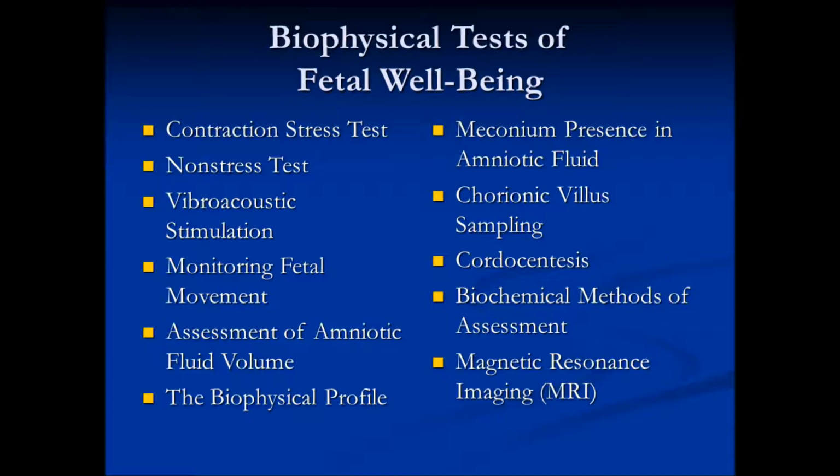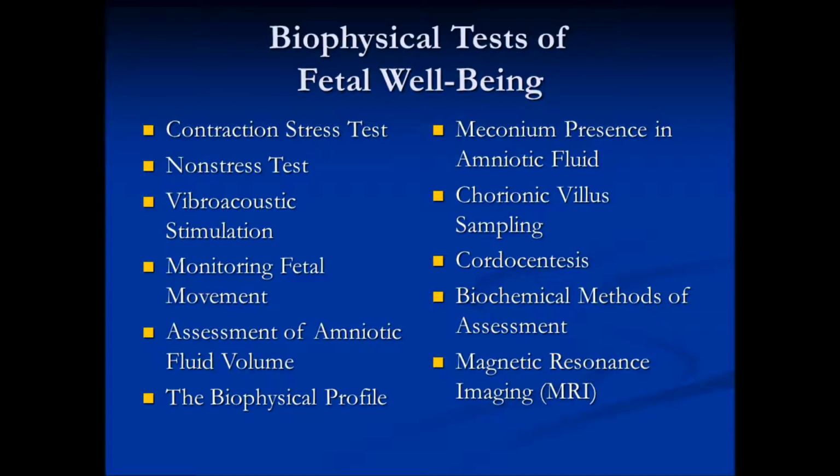A positive CST is defined as more than 50% of contractions having late FHR decelerations. FHR, of course, is fetal heart rate. So 50% of the contractions cause the baby's heart rate to decelerate. With a negative CST, no decelerations are seen after any contractions.